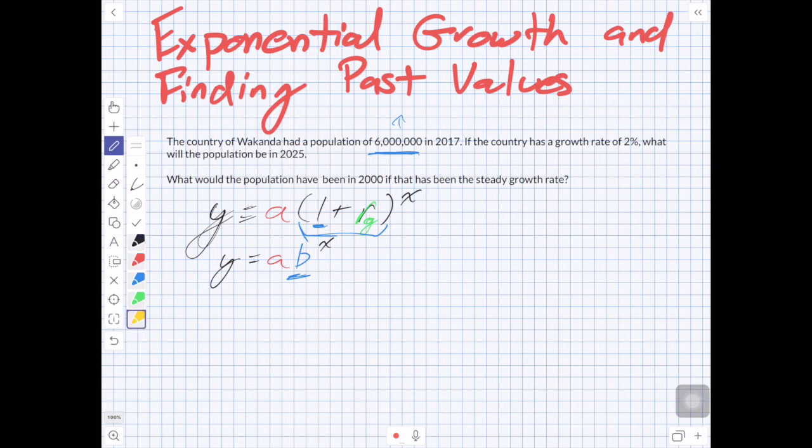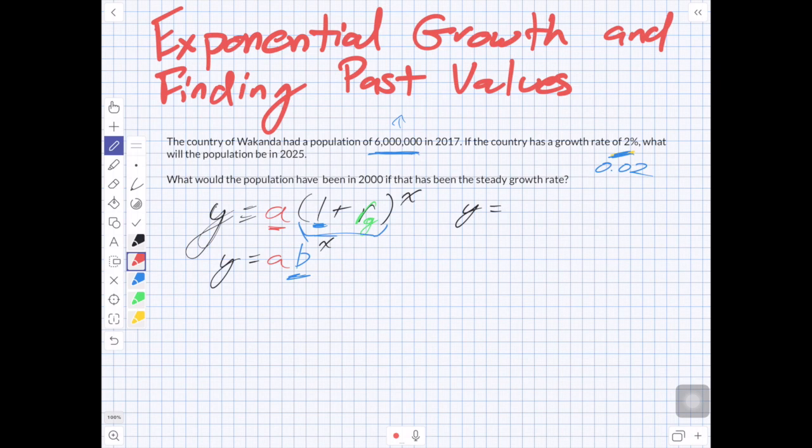They said in the question that it is a 2% growth rate. So 2% as a decimal, just like 100% as a decimal is our value of 1, 2% is 0.02. So we're going to plug that into our equation. Y is equal to, also A is our initial value.